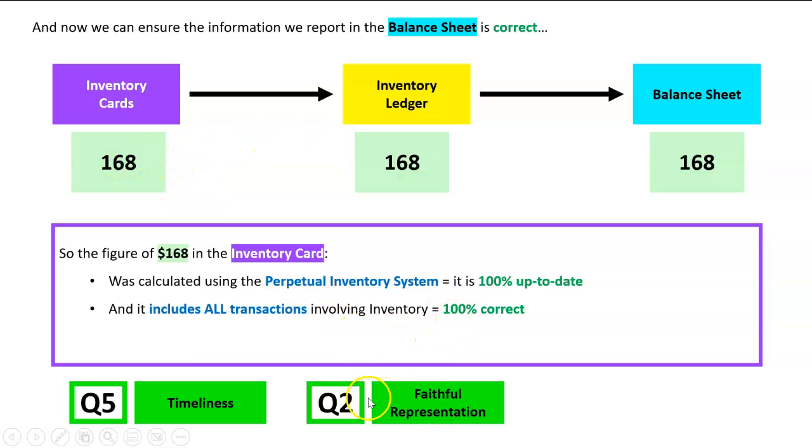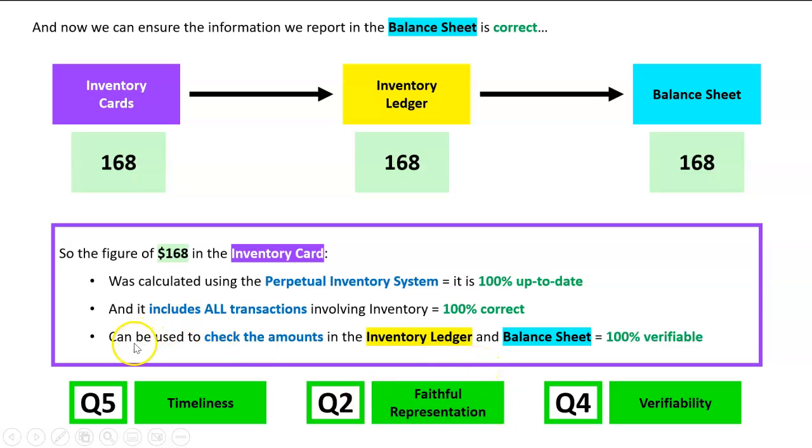And that means we fulfilled the qualitative characteristic of faithful representation. And lastly, we can use this $168 figure to check the amounts in the inventory ledger and the balance sheet. So this figure here in the balance sheet now is very, very verifiable. We can prove that figure is true by matching it to the ledger and then matching the ledger to the inventory card. So that fulfills the qualitative characteristic of verifiability.